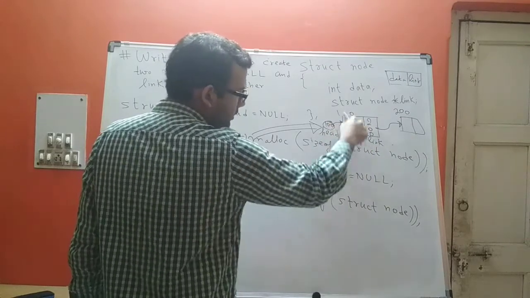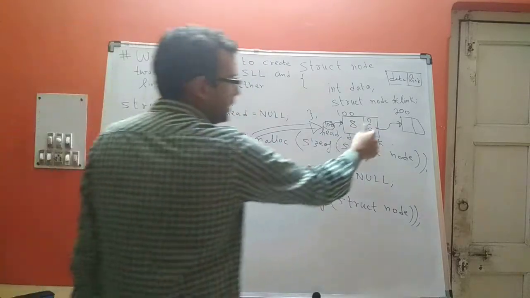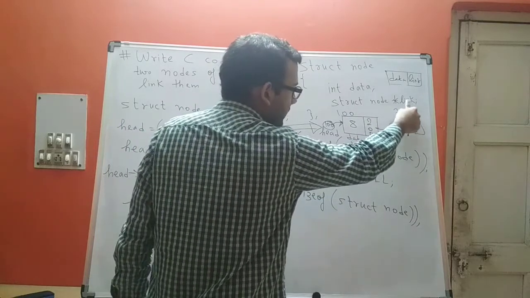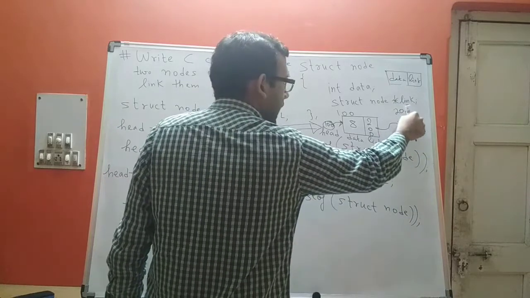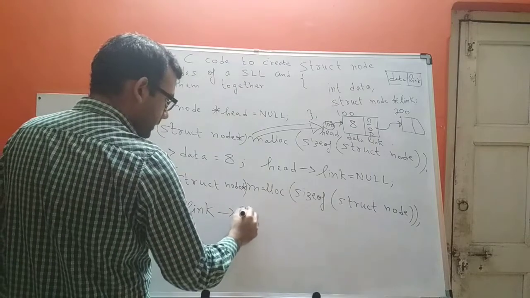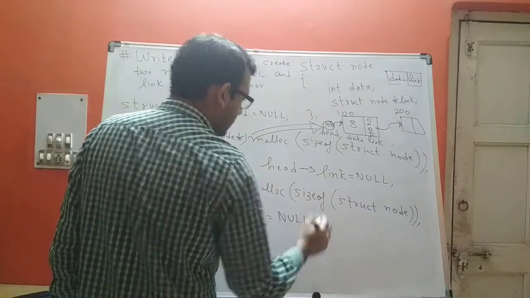Head is pointing to this node, so take its link part. Now the link part is 200. This 200 means this node. So currently I'm accessing this node by 200. And now I want to assign its link part. So I'll take another link and give it a value of null.